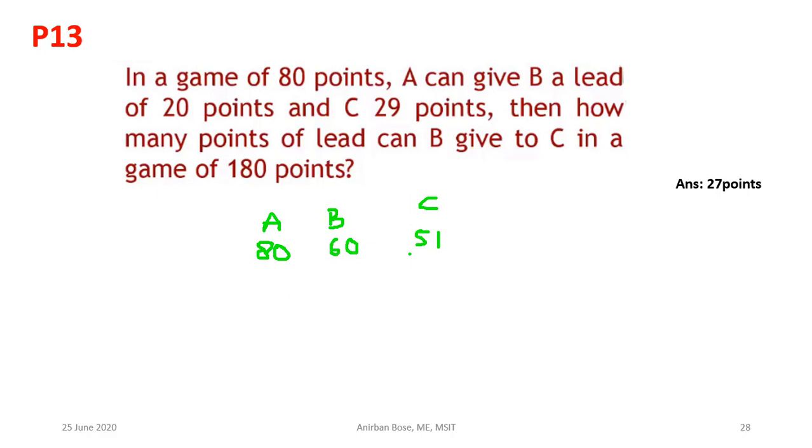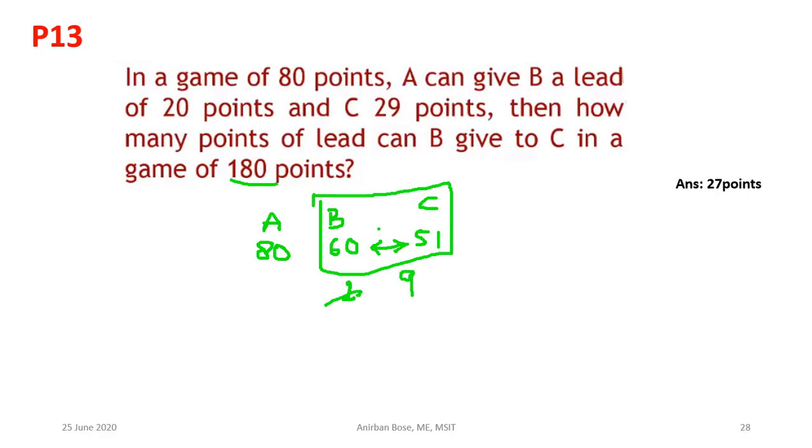Okay. So this is the ratio. The question is, how many points lead can B give to C in a game of 180 points? So you have to consider only this part. So 60:51. So it is basically in a game of 60, what is the lead with respect to C? The lead is 9 in a game of 60.